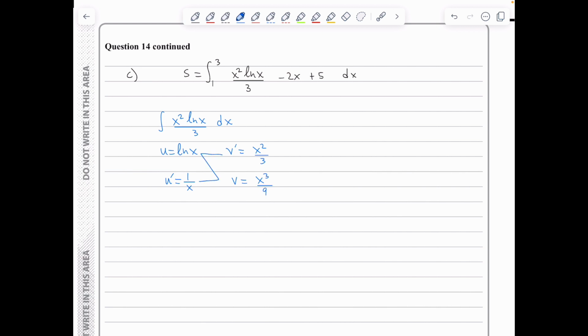And therefore we have that the integral of x squared ln x over 3 is uv minus the integral of u dash v. So this will be x squared ln x over 3 minus the integral of 1 over x times x cubed over 9 dx, which takes me to x squared ln x over 3 minus the integral of x squared over 9 dx.